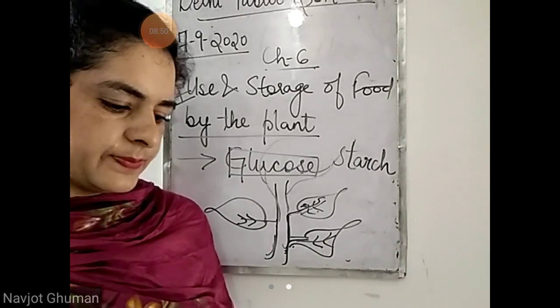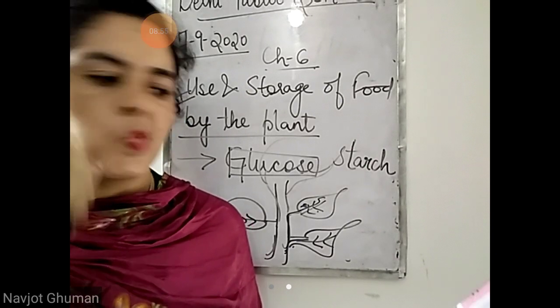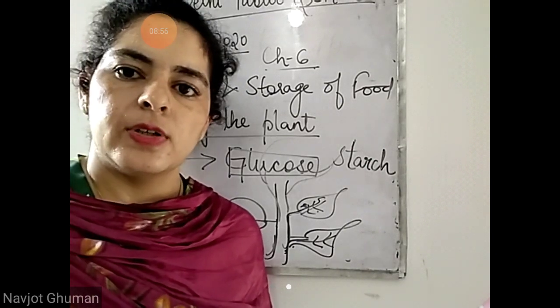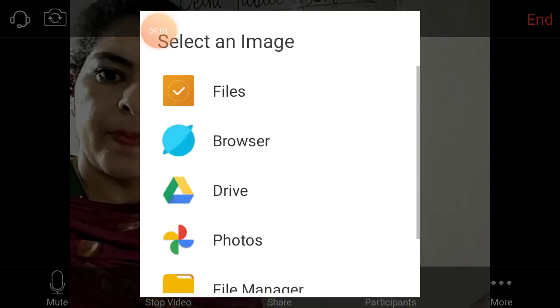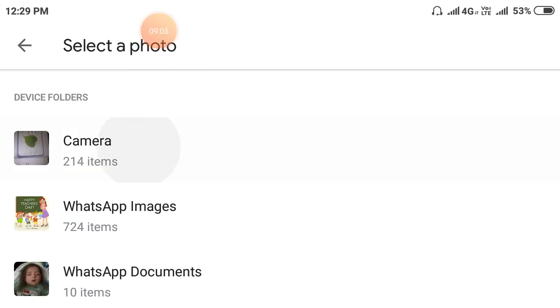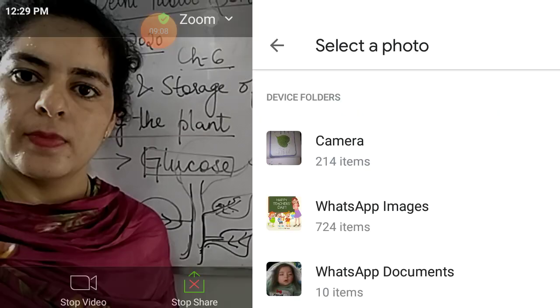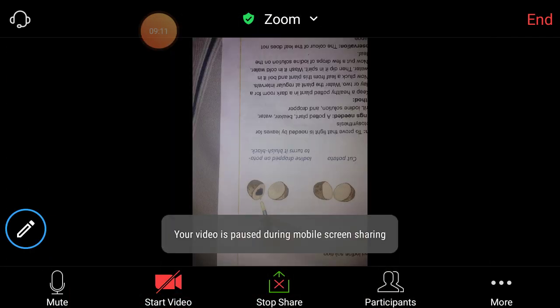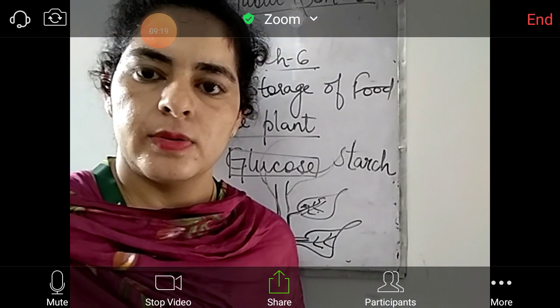So that is this. Next is our activity to test for starch. What I have told you, what is starch? This is the activity that is shown in your book.